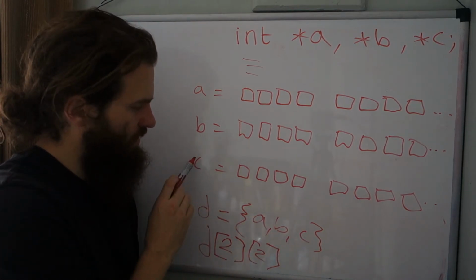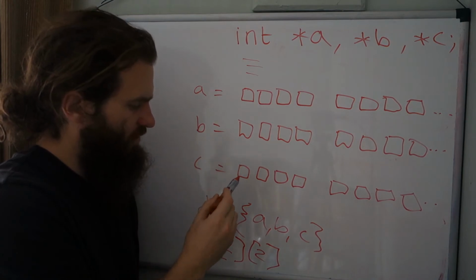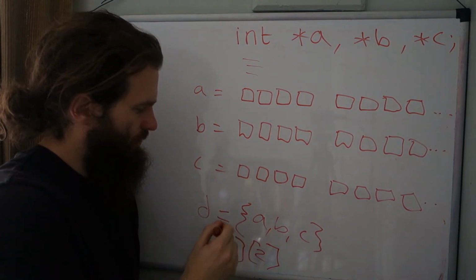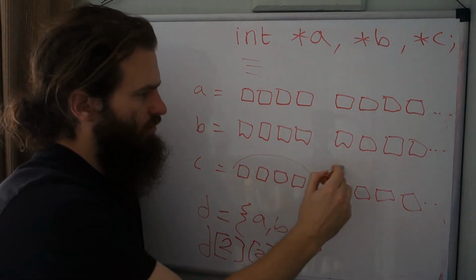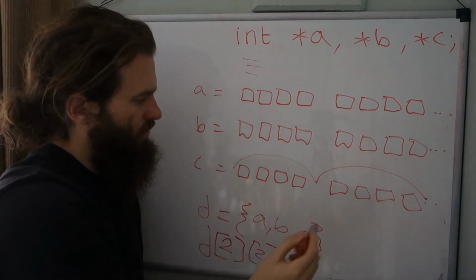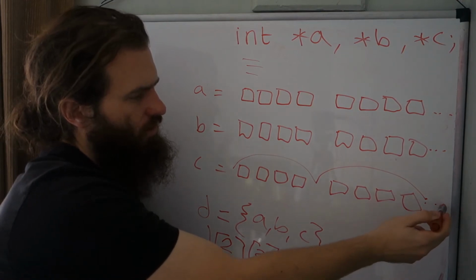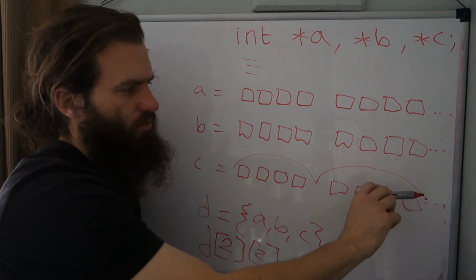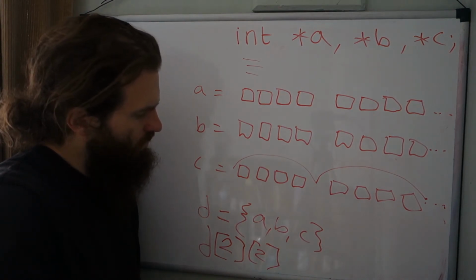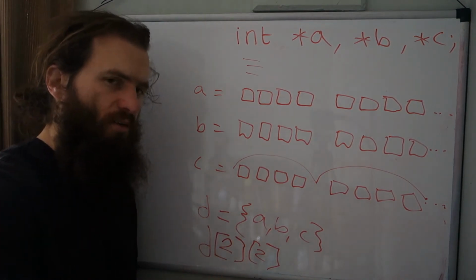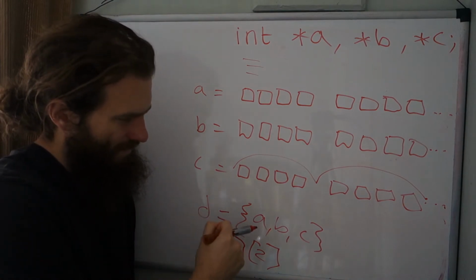So we'd go to here, and then we'd take the second element of C. So we'd go 1 2, and that would be where our second element is. So we want to actually do that. And in fact, we can do it like that.